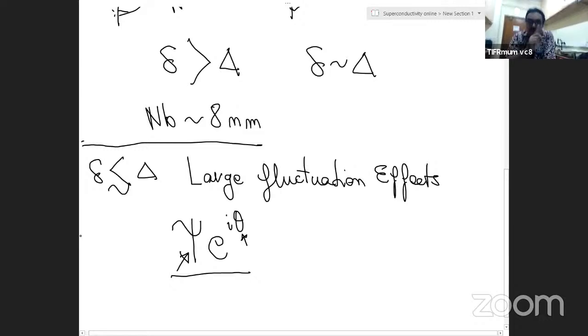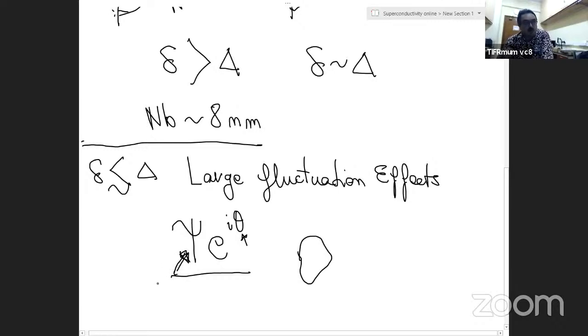If you are considering one isolated particle, then if the phase fluctuates as a whole, if all the phases of these electrons fluctuate together, I don't care. But now I have to bother about this amplitude fluctuation.